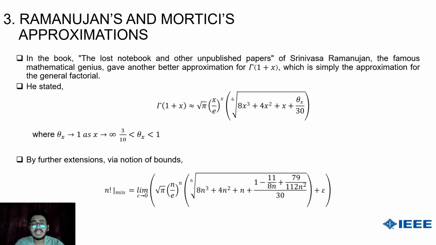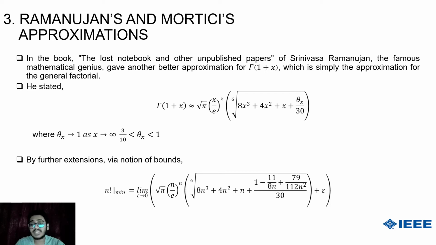So we could say that gamma of 1 plus x will be approximately equal to square root of pi, x upon e raised to the power of x, sixth root of 8x cube plus 4x square plus x plus theta x upon 30. Now theta x will be lying between 3 upon 10 and 1, and as x tends to infinity, the theta x will be tending to 1. It's quite obvious from the equation itself.